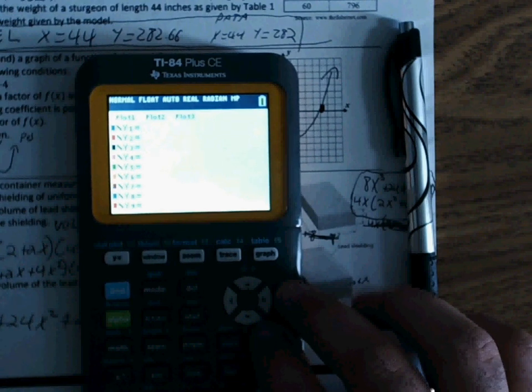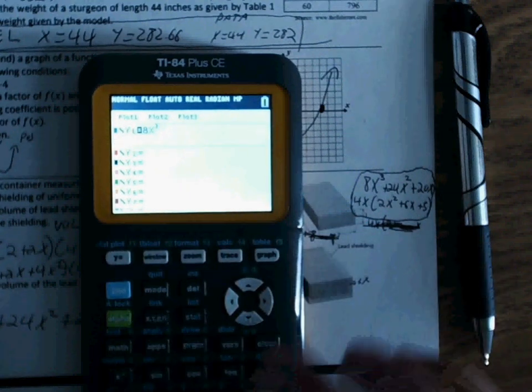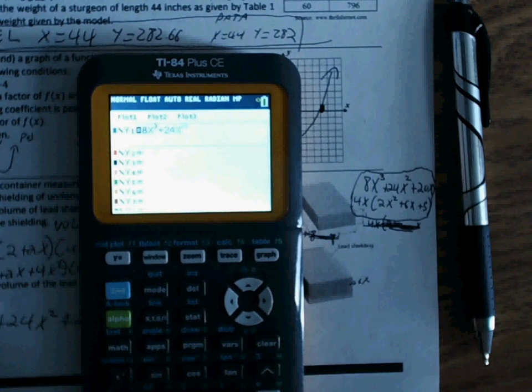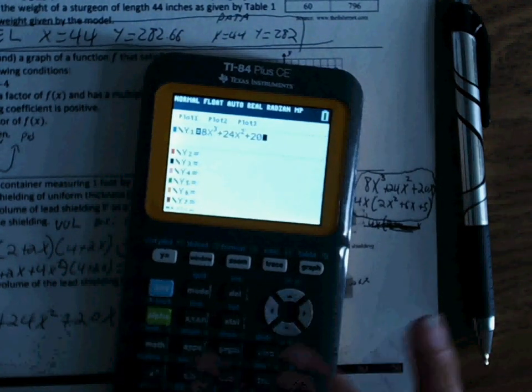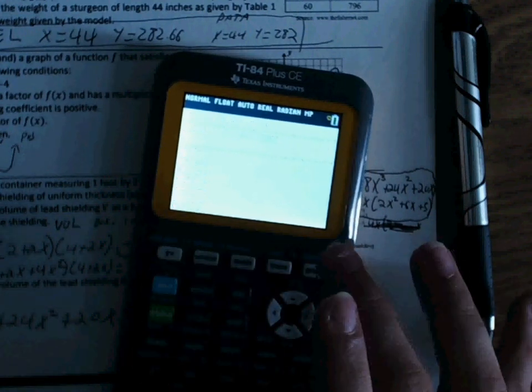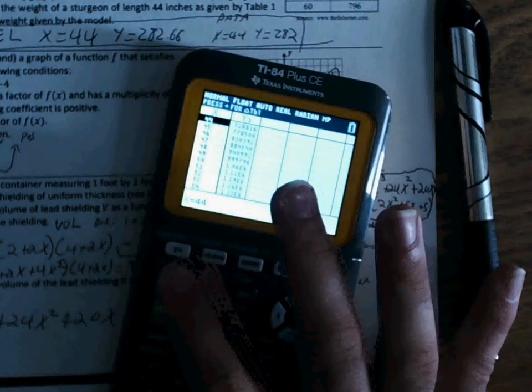So y1 is equal to 8x cubed plus 24x squared plus 20x. Alright, I'm going to second table. So the first thing I'm going to do is go to second table set.